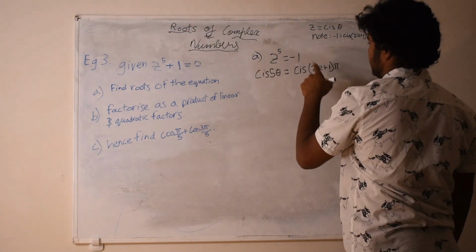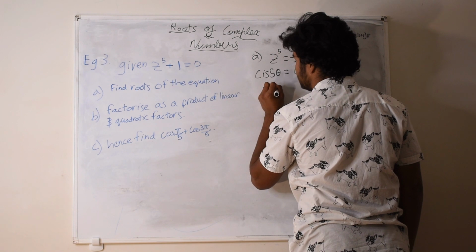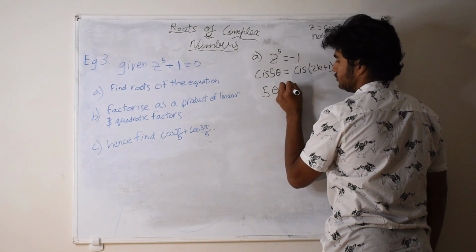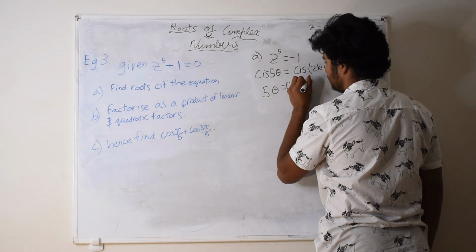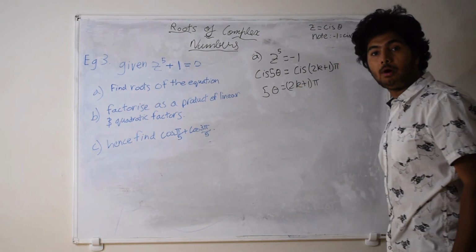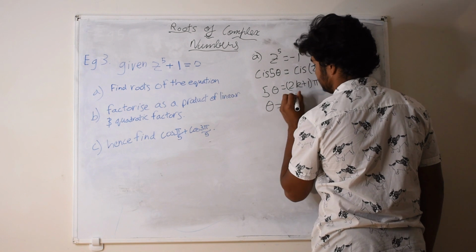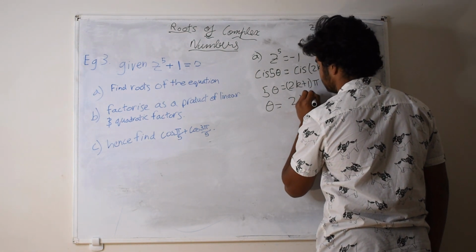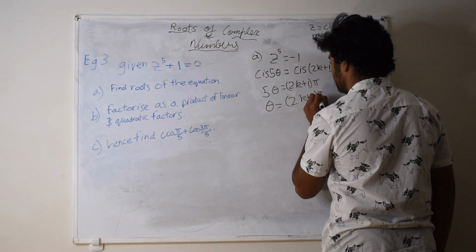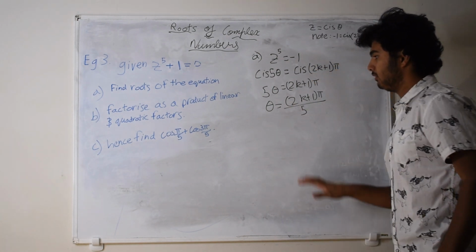Perfect. Cancel out the cis. 5 theta equals (2k plus 1) pi. Correct? Theta then equals (2k plus 1) pi all upon 5.